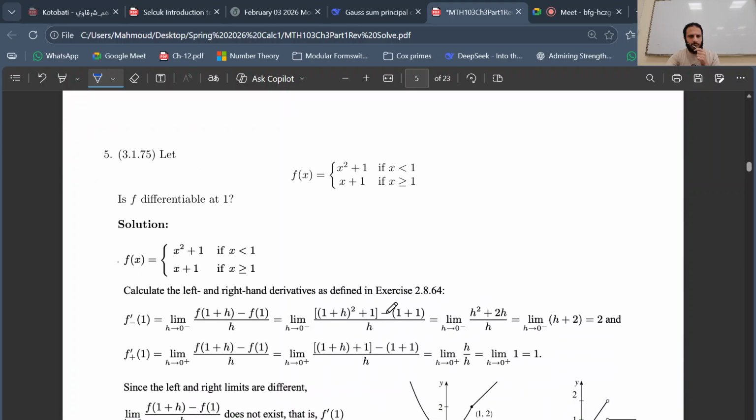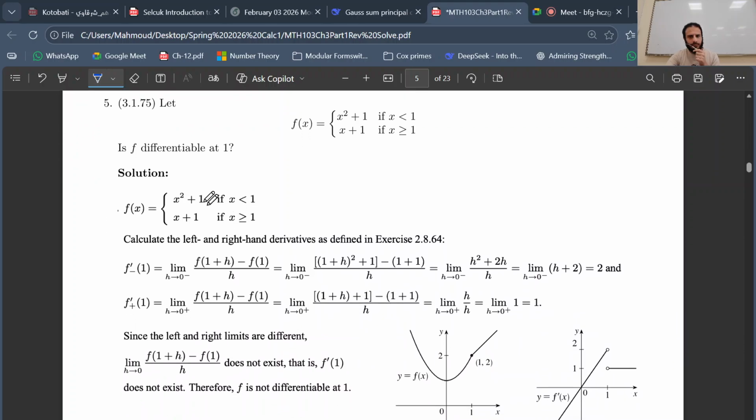Now we have this one. Let f of x equals x squared plus 1 if x is less than 1, x plus 1 if x is greater than or equal to 1. Is f differentiable at 1? You remember the definition of derivative, but let me write it.